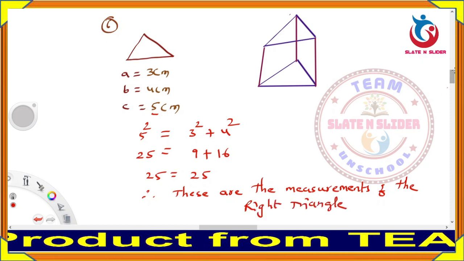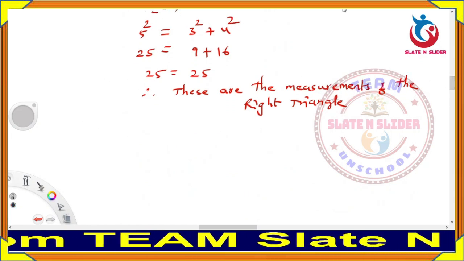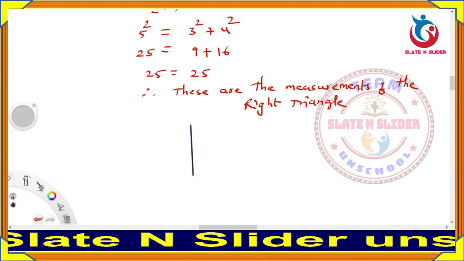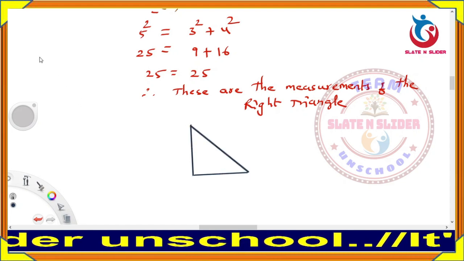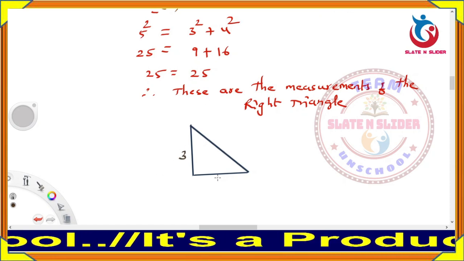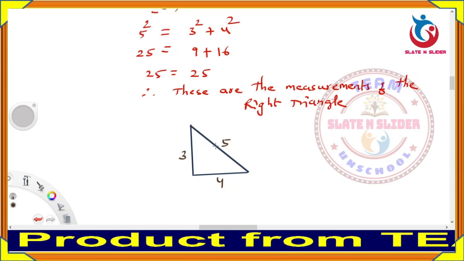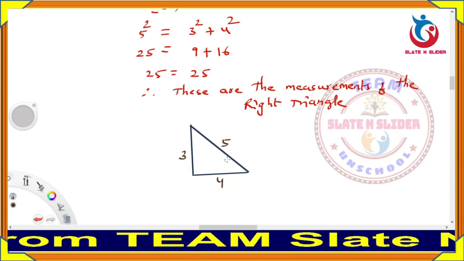So let us draw the right triangle first. So this is 3 centimeters, this is 4, this is 5, because hypotenuse is the longest side, that is why I have taken the highest measurement on the hypotenuse.